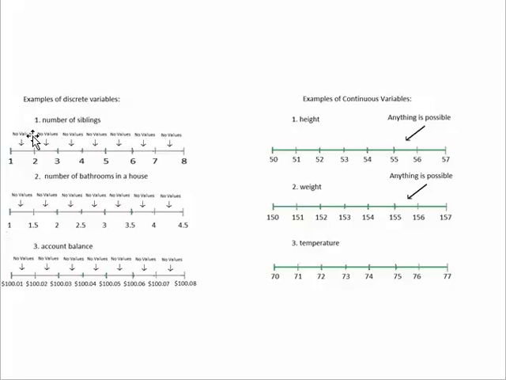The word discrete means broken into separate pieces. So when a variable is discrete, each possible value is a tick mark that's separated from all of the other tick marks by these red gap areas. So the possible values are broken into these different pieces.